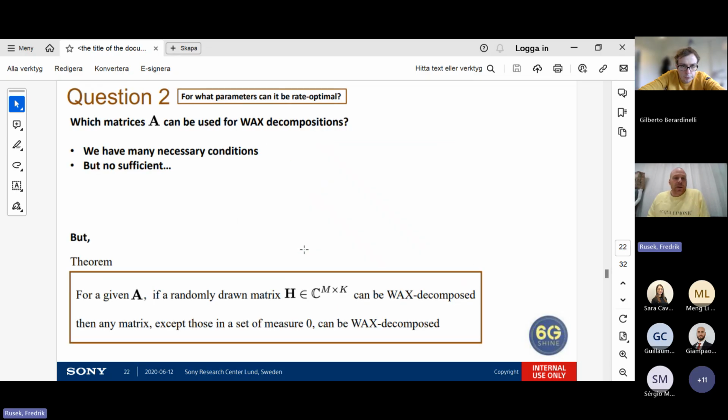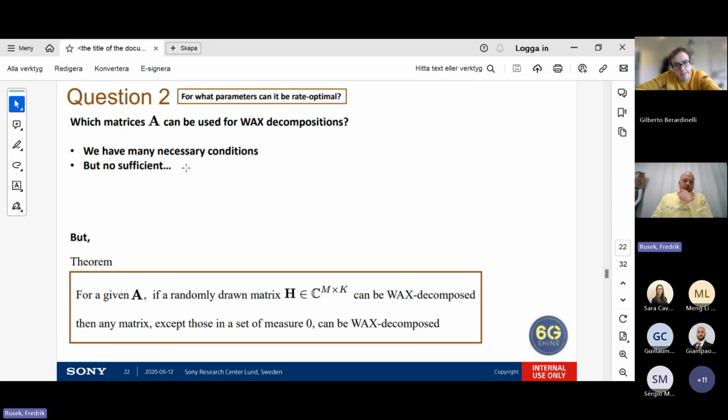And then you can ask, okay, I said that you can pick an arbitrary A, but I would actually like to not have a complex valued A. I would like to have a clean one, maybe 0 and 1 only, and it should be sparse because I have to implement it. We don't actually know what A in general.